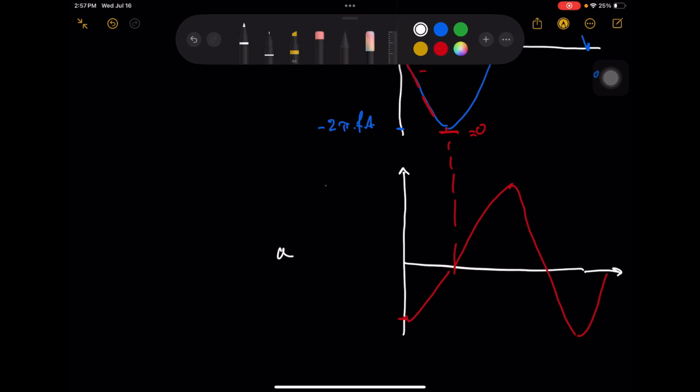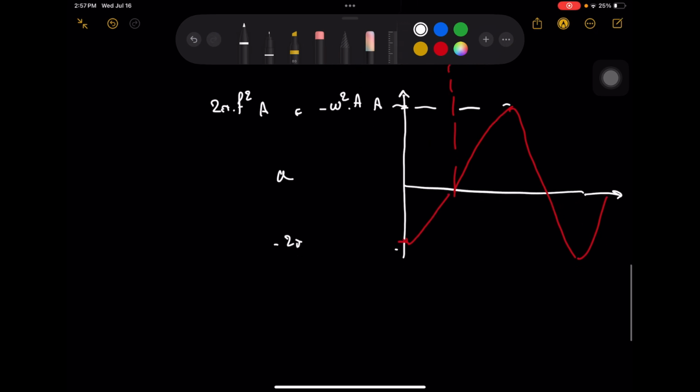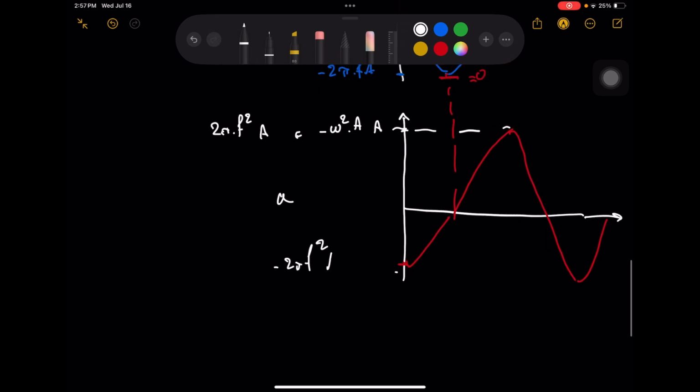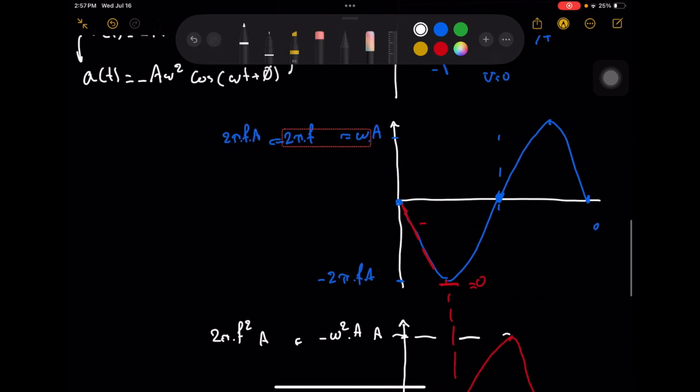Notice that now we have to use omega squared A, so this is not called amplitude anymore, it's 4π²f²A, and here is negative 4π²f²A. So that's how we will try to draw our graphs.